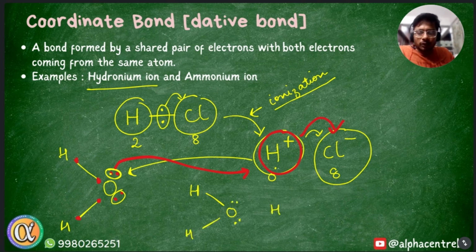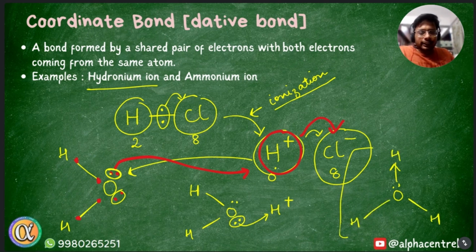H plus came alone without any electron because electron is with chlorine. And it requests this oxygen to form a bond with itself where both the shared electrons must come from oxygen. Hydrogen has nothing to share. And oxygen agrees to this idea, and therefore oxygen shares one of its lone pairs for formation of bond with H plus.